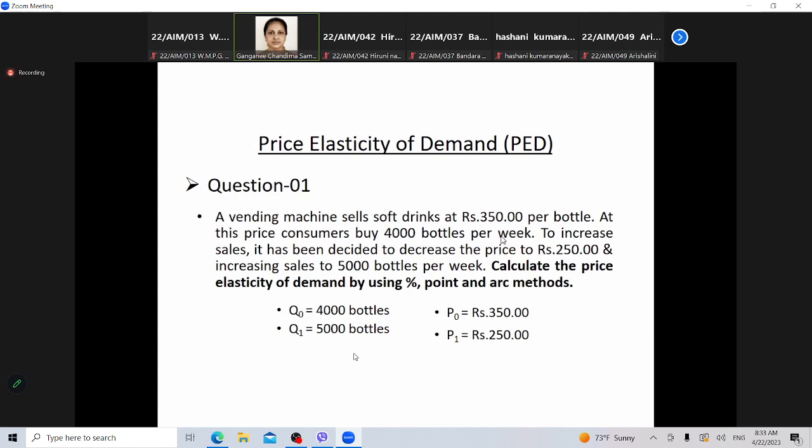Tatsara, correct. And we'll see Hashani, okay, correct. Ravindu, check again. Ravindu and Gaya, please check again. Yes, now Ravindu, okay.